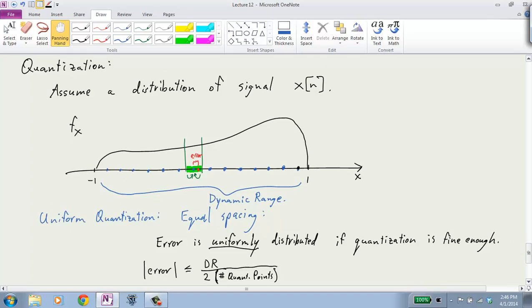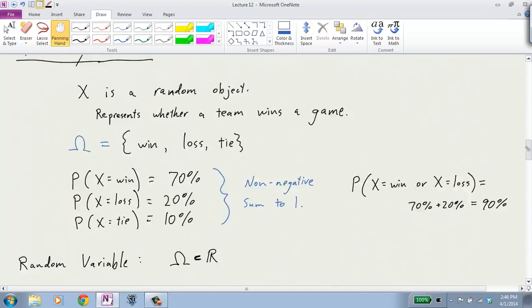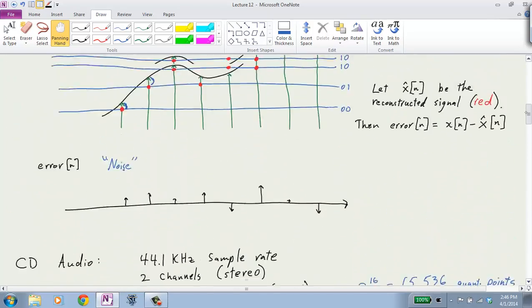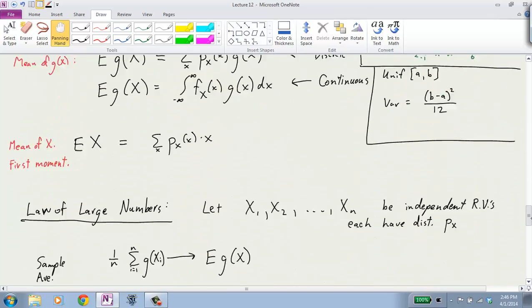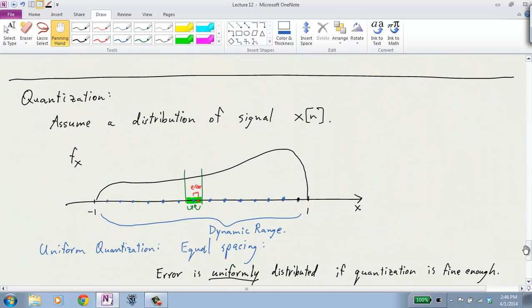The way I've represented quantization is that each quantization point is represented by a sequence of the same length. So 2-bit quantization meant you have 4 possible 2-bit sequences, 4 quantization points. However, we're going to find something very interesting: if we use a different number of bits to describe the different quantization points, then we can actually get away with a better savings if we do it smartly.